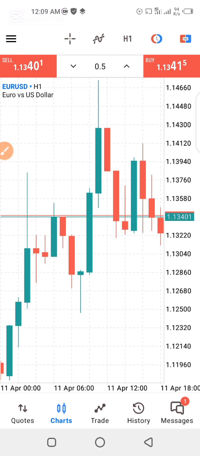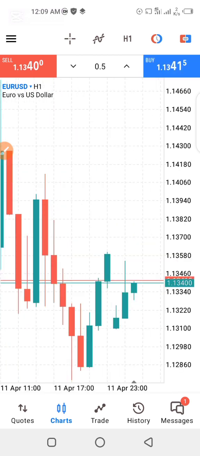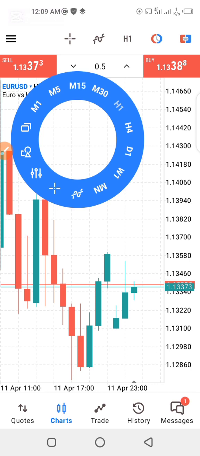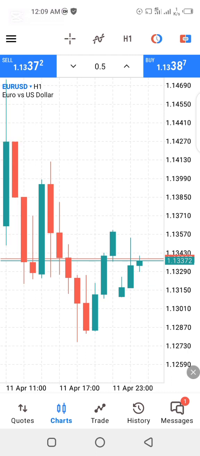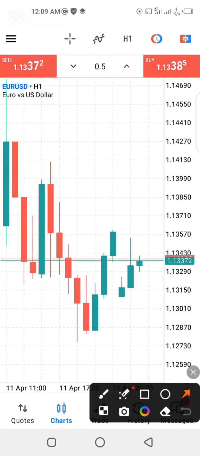You can see this is the market currently. Let's assume that we are buying this market here. It's on the 1 hour time frame. Let's assume that we are buying this market at this level here.